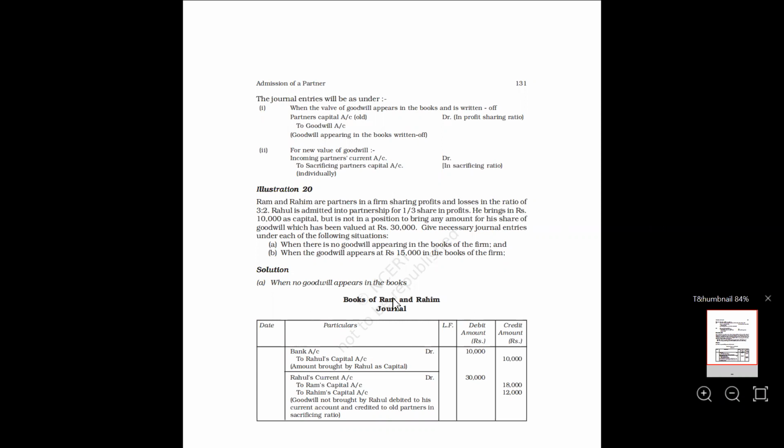No goodwill appears, which means, as we saw in the sum just before, we have to use the new partner's current account debit to Ram's capital and Rahim's capital. 30,000 into 3 by 5, 30,000 into 2 by 5.